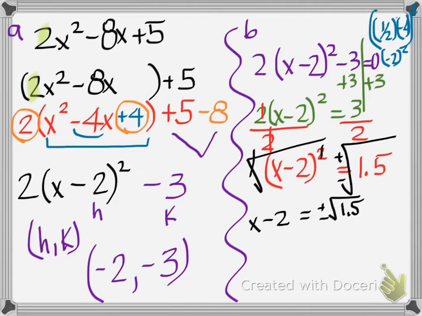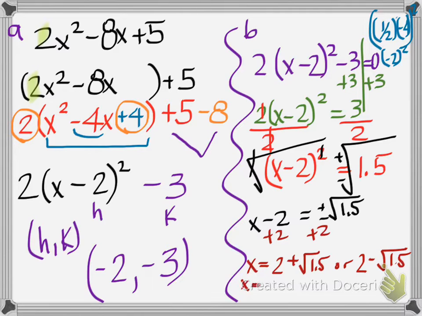At this point, we do the inverse to get rid of that constant of negative 2, so we add 2 to both sides. We end up with x equal to 2 plus the square root of 1 5/10, or 2 minus the square root of 1 5/10. When you take the square root of 1 5/10, you end up with 1 2/10.